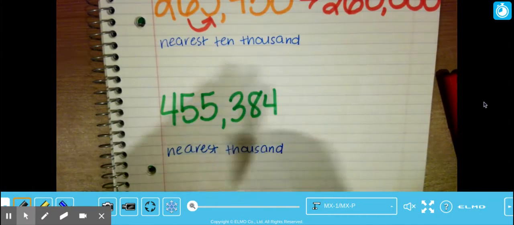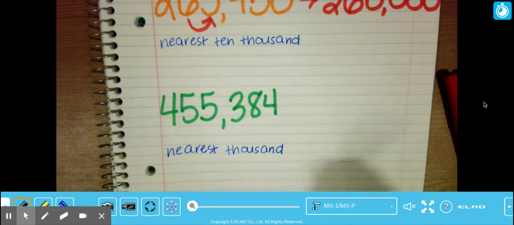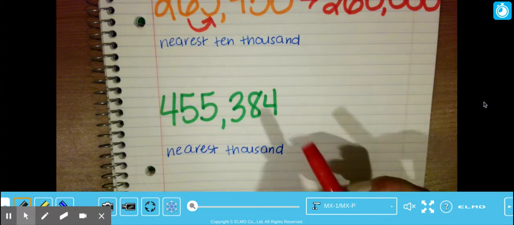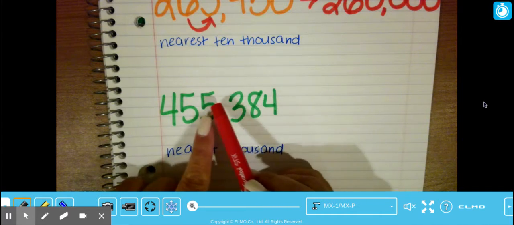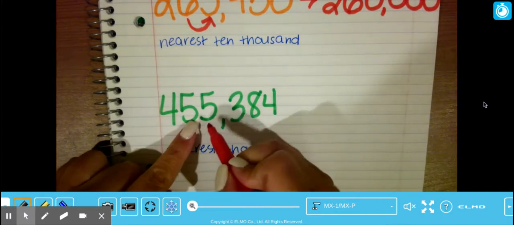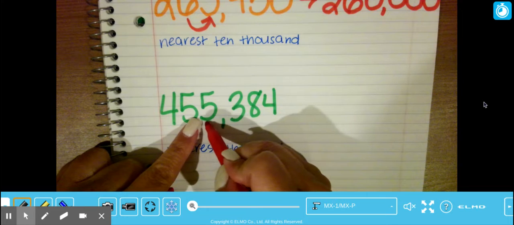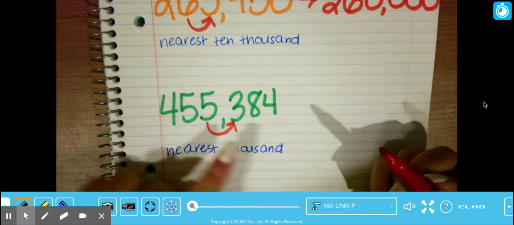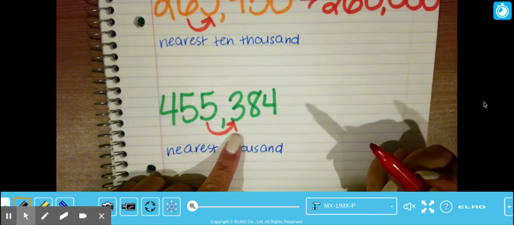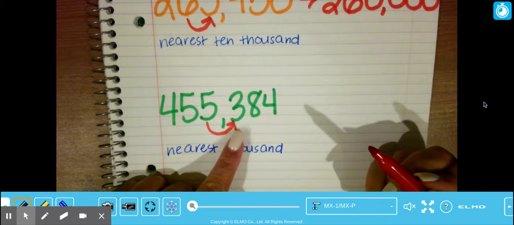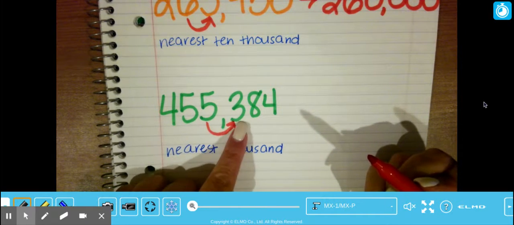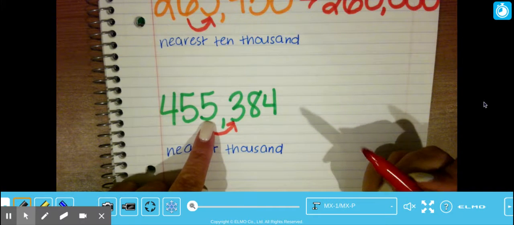Okay. So first step, I want to find the place that I'm rounding to. This is my target digit. Ones, tens, hundreds, thousands. So this is my target digit. And I want to look to the right, and then I'm going to say my poem. 5 or more, add 1 more, 4 or less, give it a rest. So it's a 3. So that means that I'm going to give my target digit a rest.